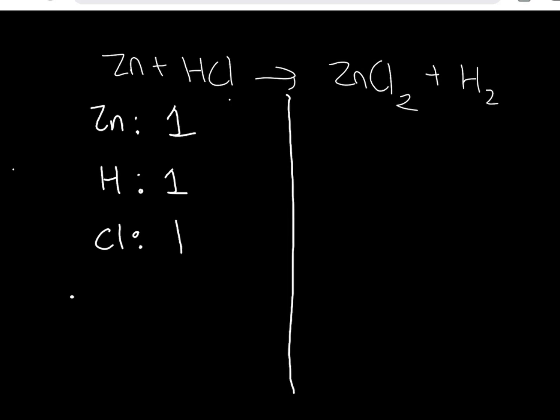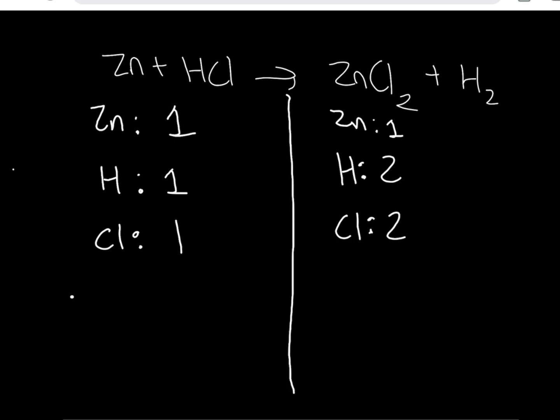On the other side, we have 1 zinc atom. We have 2 hydrogen atoms, so you can see it's uneven. And we also have 2 chlorine atoms. This is also uneven. So how can we balance this?